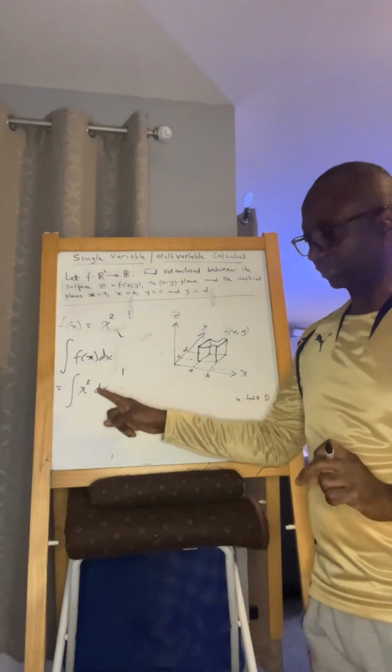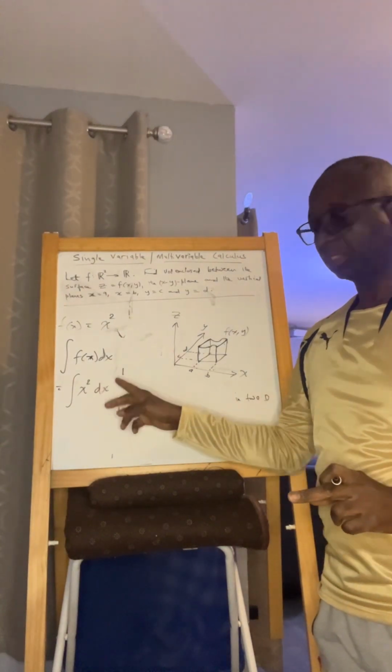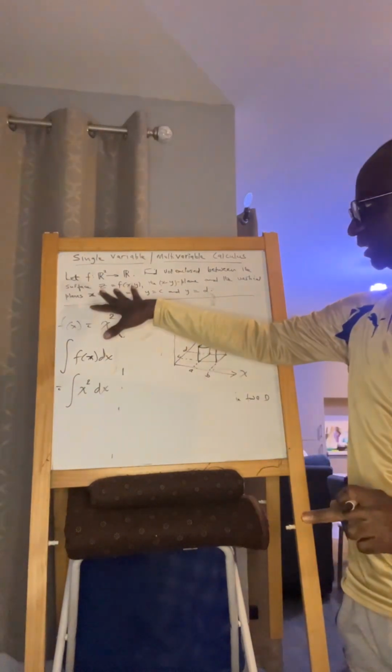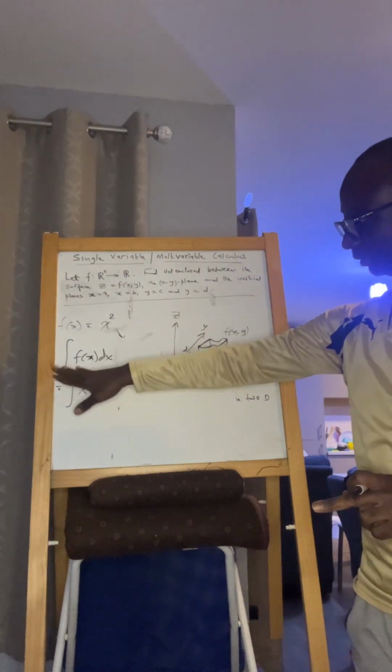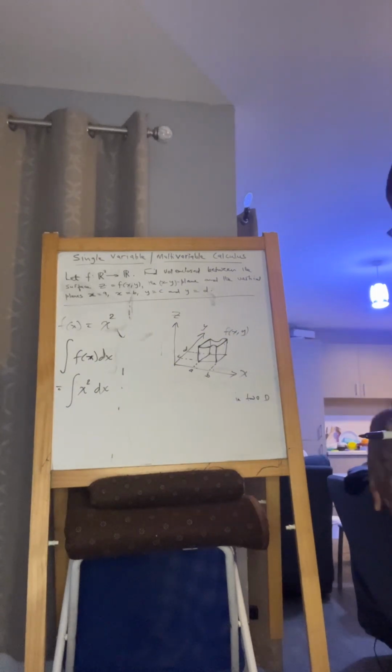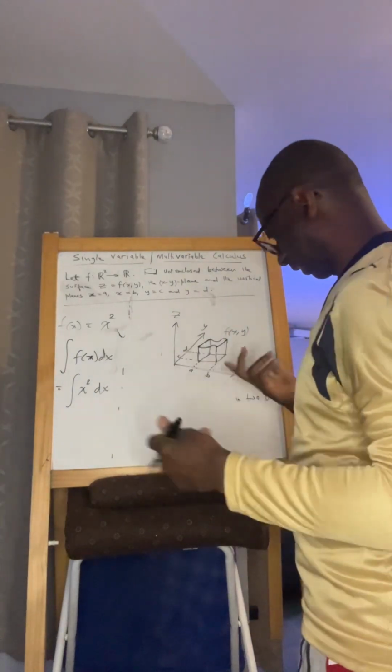This is single variable calculus. Why? It's only one variable you have here. Here you can see you have x, y, z.